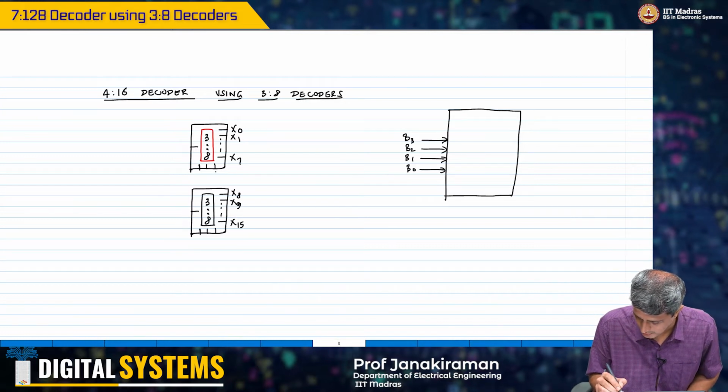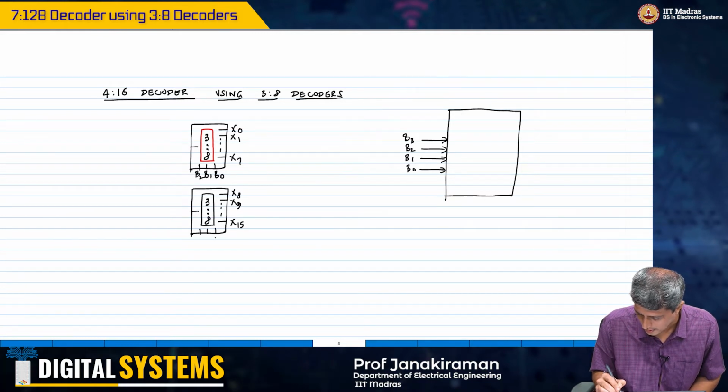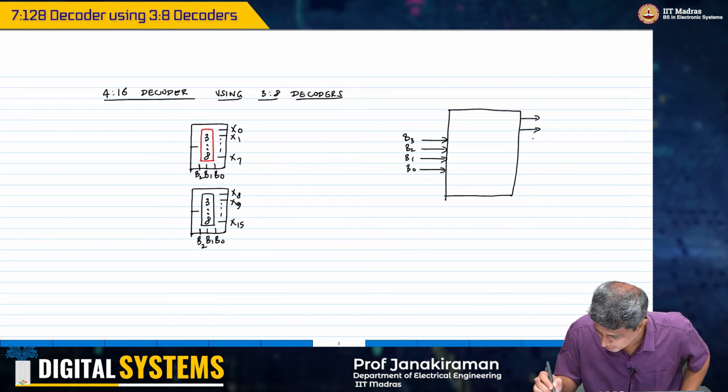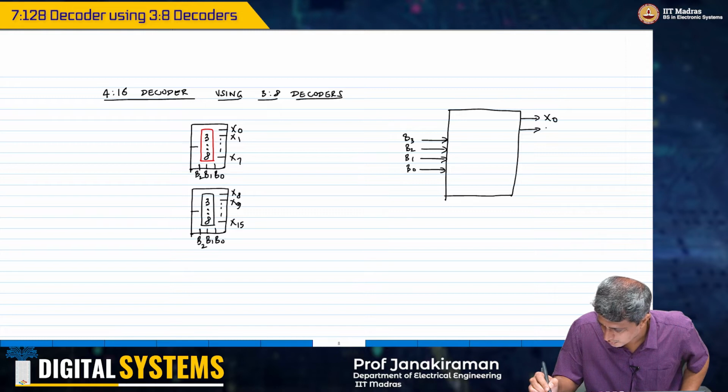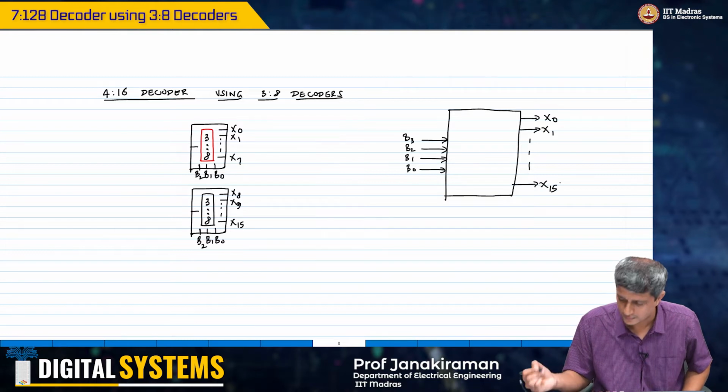I will connect B0, B1, B2 here, same thing, B0, B1 and B2. Okay, my outputs are going to be X0, X1 all the way down to X15, right?